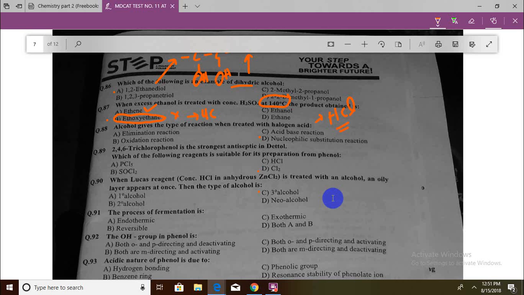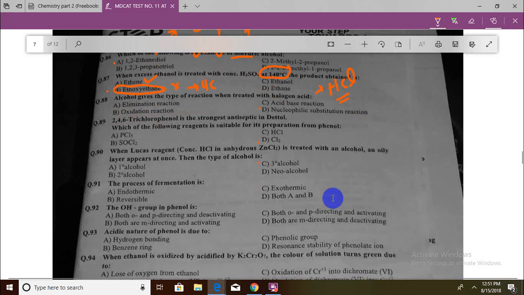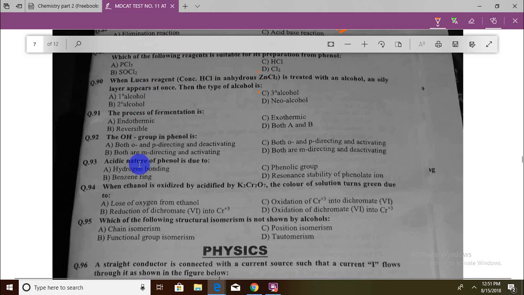Now neo alcohol is not necessarily tertiary, and so it does not necessarily show the appearance of an oily layer at once. There is a distinction between neo and tertiary, which some students miss out on. So again, we'll leave this for the last.